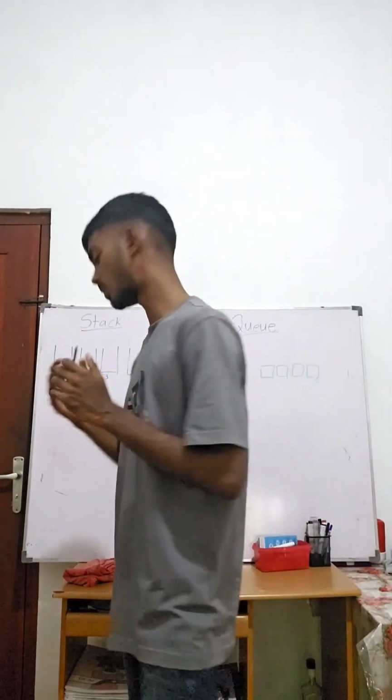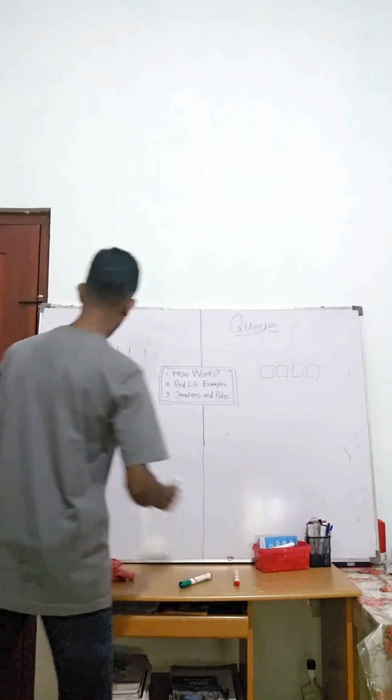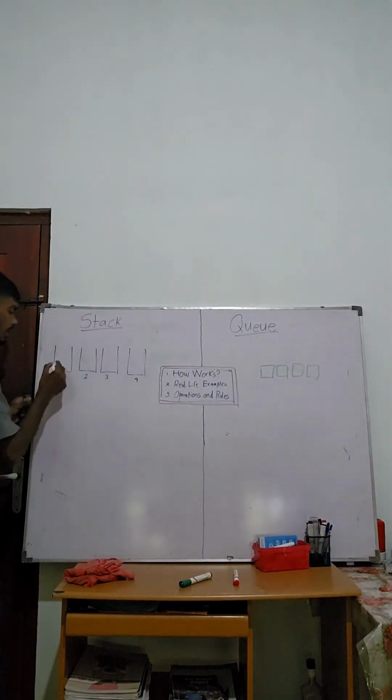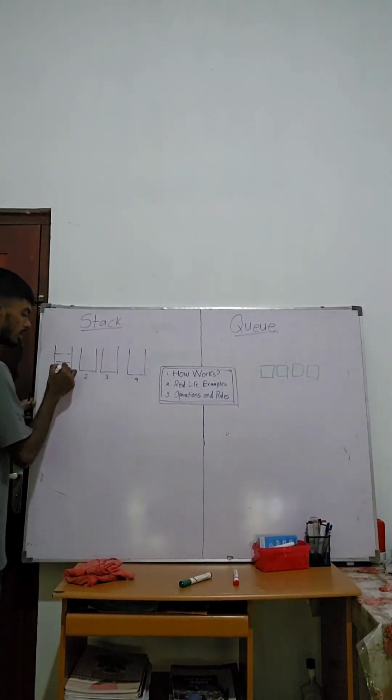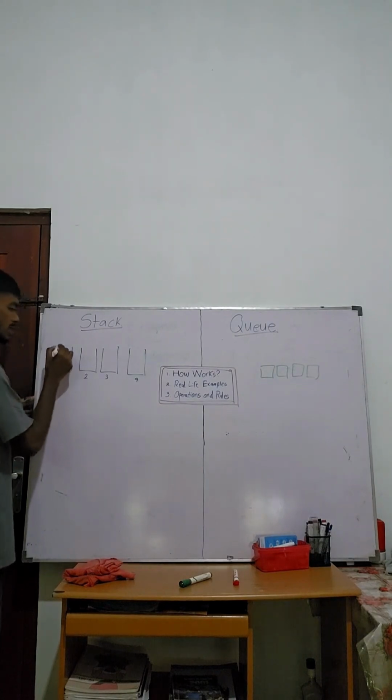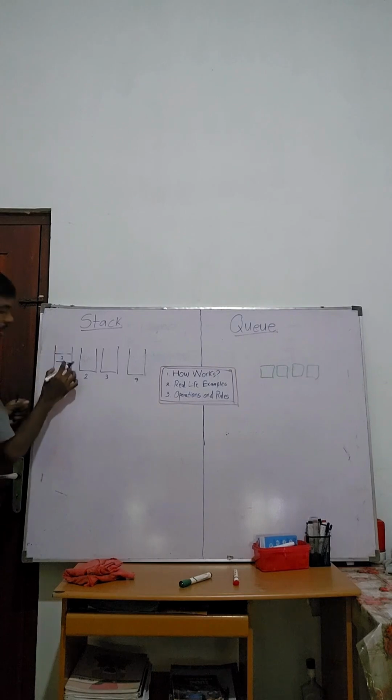Now I'll explain how these actually work. In this first picture, we have two numbers, 2 and 3, which make up our first stack.